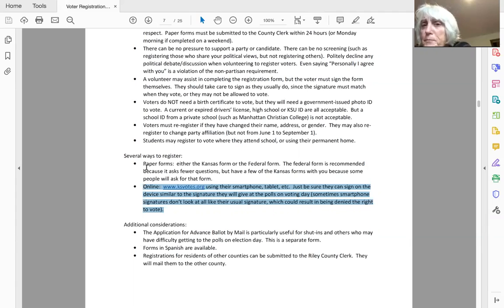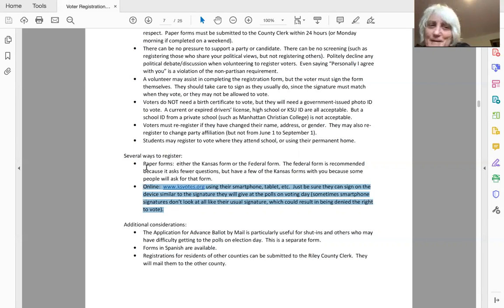The other thing is, with ksvotes.org, we found that to be very fast. But on the state website, they say if you're going to do it on your phone, you have to do it 45 days in advance of the end of voter registration so the state can get it logged in.